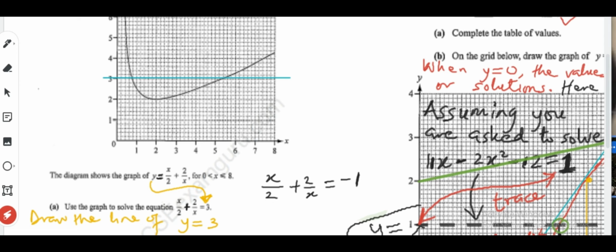We just draw the line of y equal to minus 1. Here we would have just drawn the line of y equal to minus 1, which would be like something like this. And it can't cut the graph, so we wouldn't do that. So this one is undefined. It has no solution because the graph doesn't touch it at all.